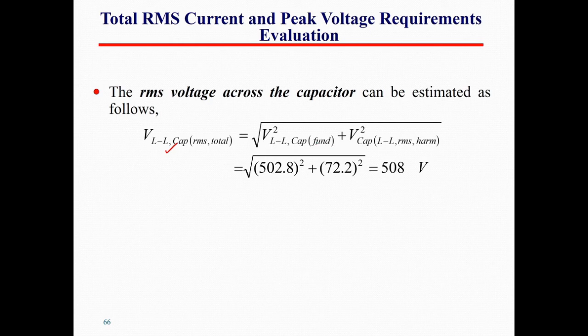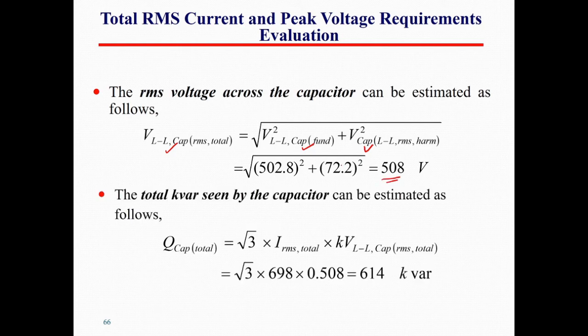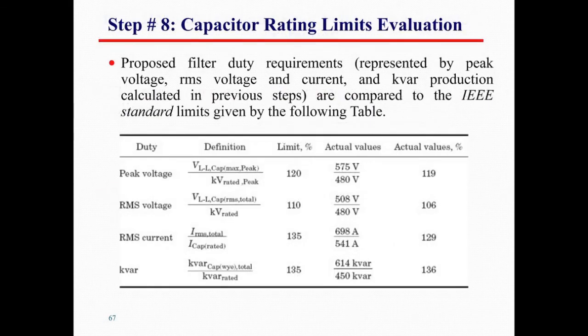Again we take the fundamental and the harmonic, and that will be 508. We can now calculate the kilovar of the capacitor. It will be voltage root mean square times current root mean square times 43, and that will be 640 kilovar.